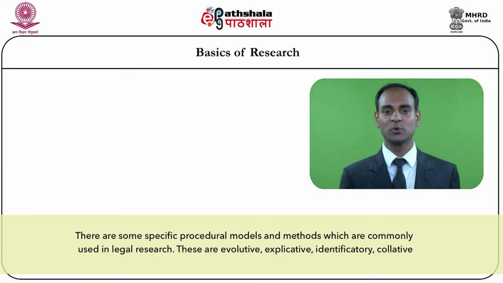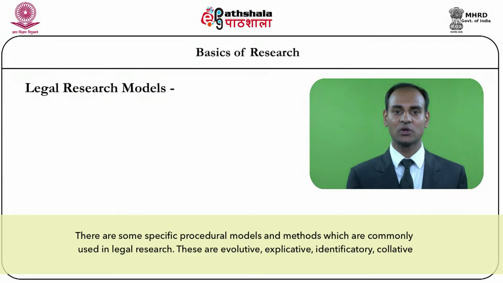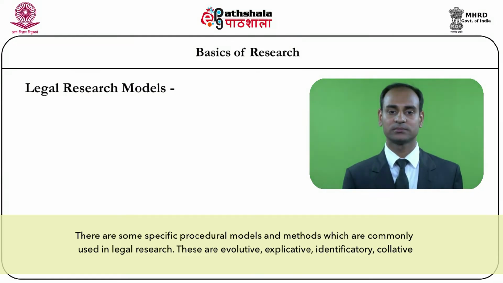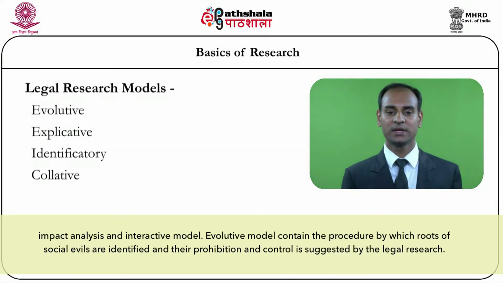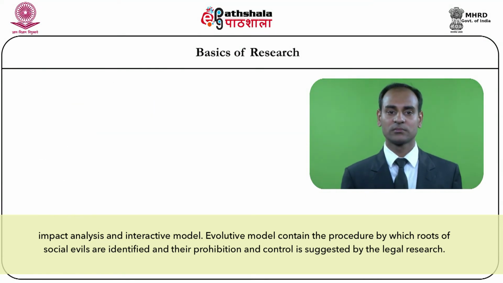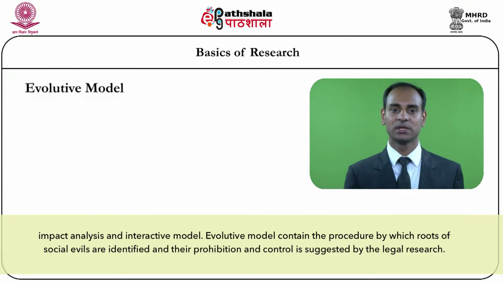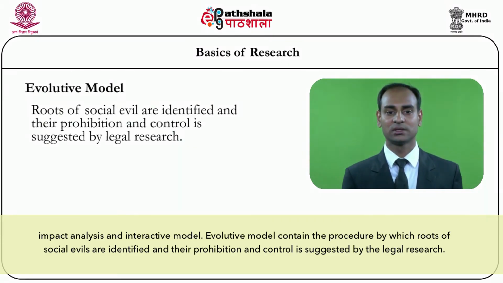There are some specific procedural models and methods which are commonly used in legal research. These are evaluative, explicative, identificatory, projective, correlative, impact analysis, and interactive models. The evaluative model contains the procedure by which roots of social evils are identified and their prohibition and control is suggested by the legal research.